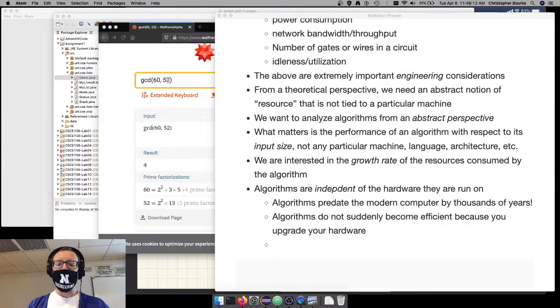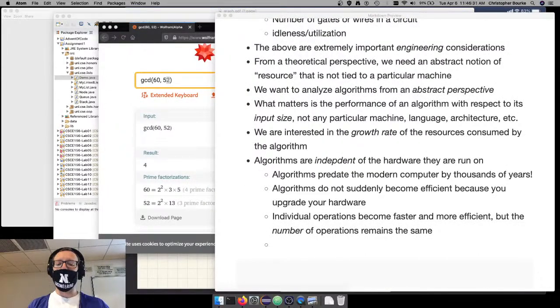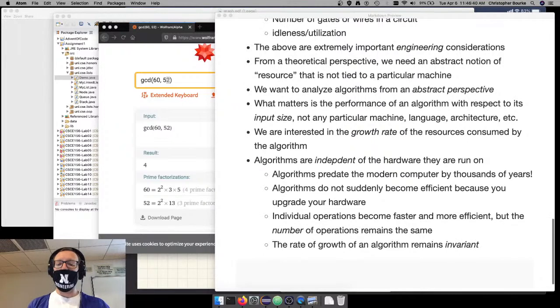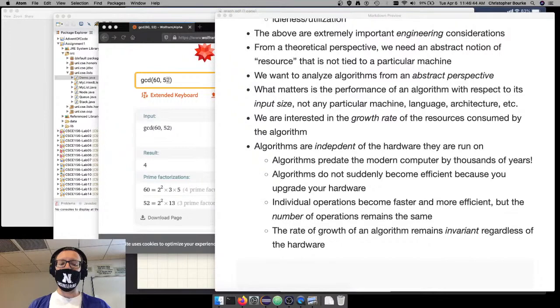Individual operations become faster and more efficient, but the number of operations remains the same. The rate of growth of an algorithm remains invariant, regardless of the hardware.